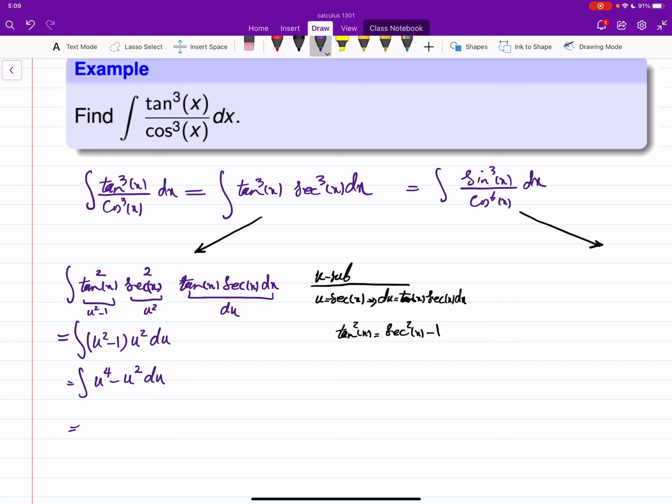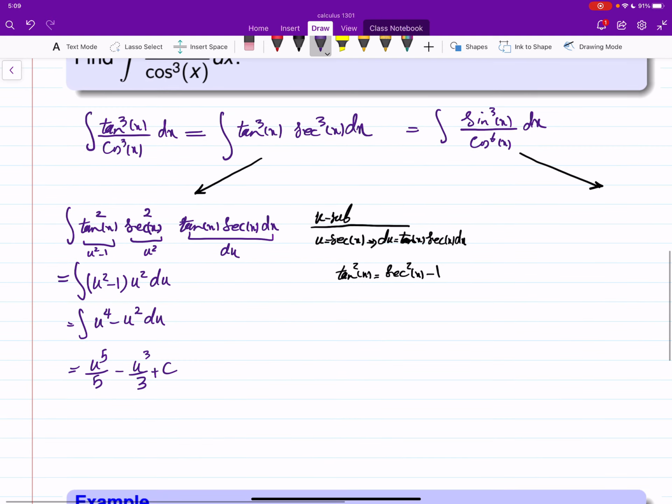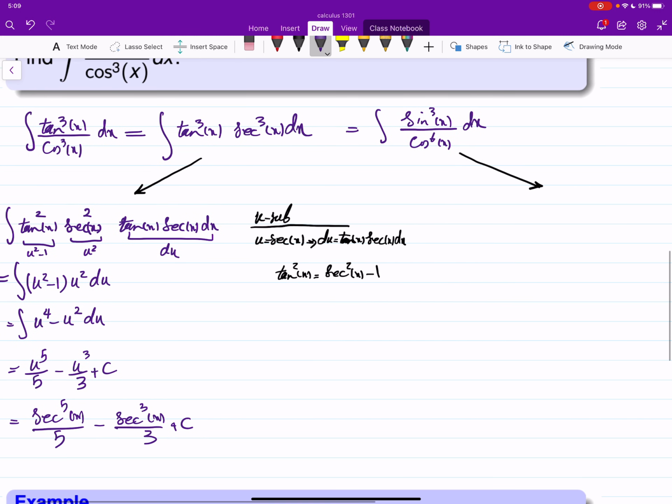I can integrate that, I don't need to wait more. But then I plug it back in. So secant to the power 5x over 5 minus secant to the power 3x over 3 plus c. So that's how we can go in that direction.